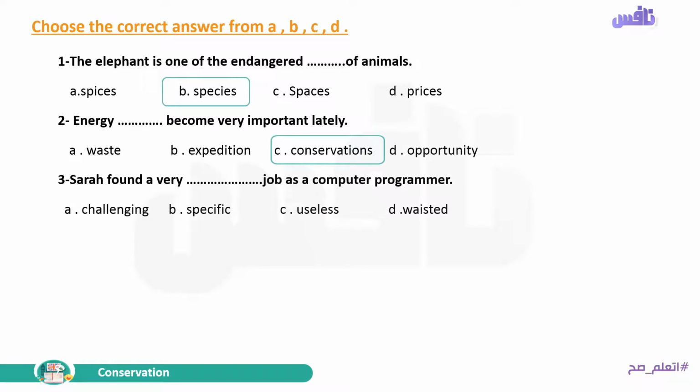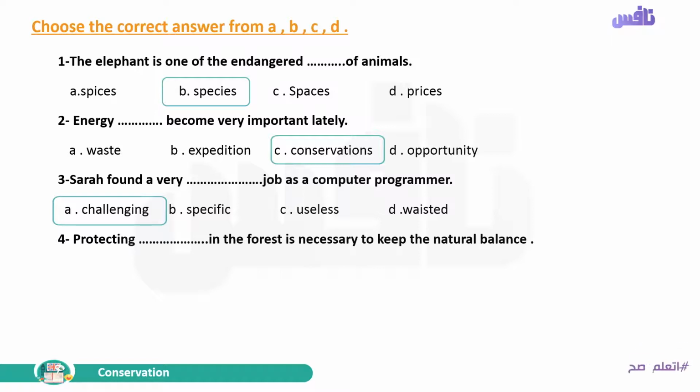Number 3, Sarah found a very challenging job as a computer programmer. Challenging, specific, useless, wasted. The answer will be challenging. Number 4, protecting biodiversity in the forest is necessary to keep the natural balance. Conservation, challenges, preservation, biodiversity.